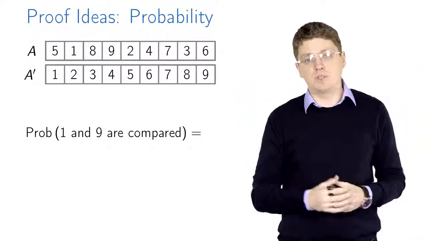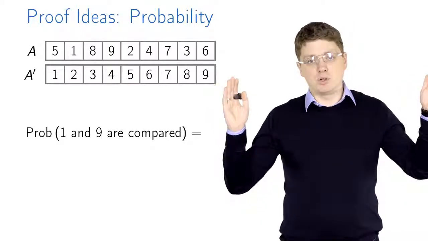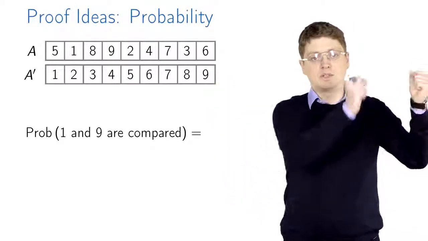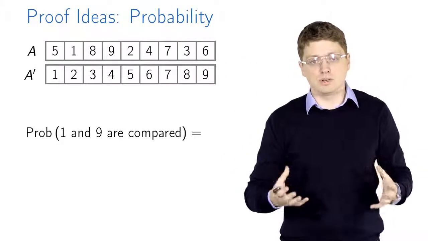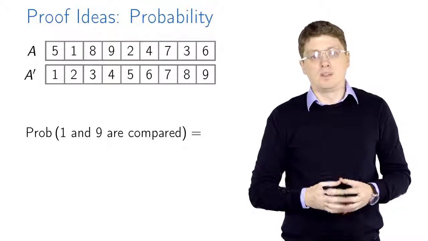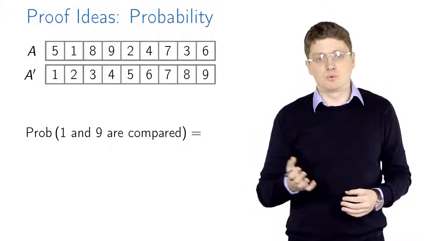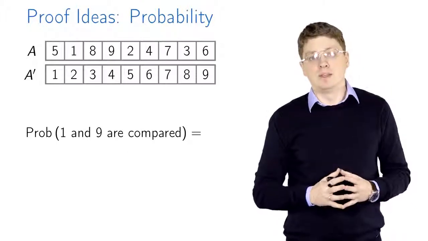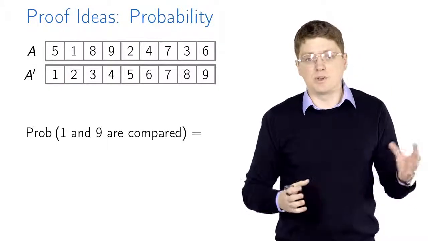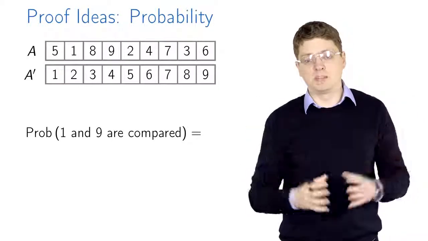Put otherwise, it means that we already know that 1 is smaller than 9, because 1 is smaller than 3, and 3 is smaller than 9. Right? We do not need to compare them. Well, and this happens if we select as our pivot element any of the elements 2, 3, 4, 5, 6, 7, or 8, I'm sorry. If on the other hand we select 1 or 9 as our first pivot element, then 1 and 9 will be compared.